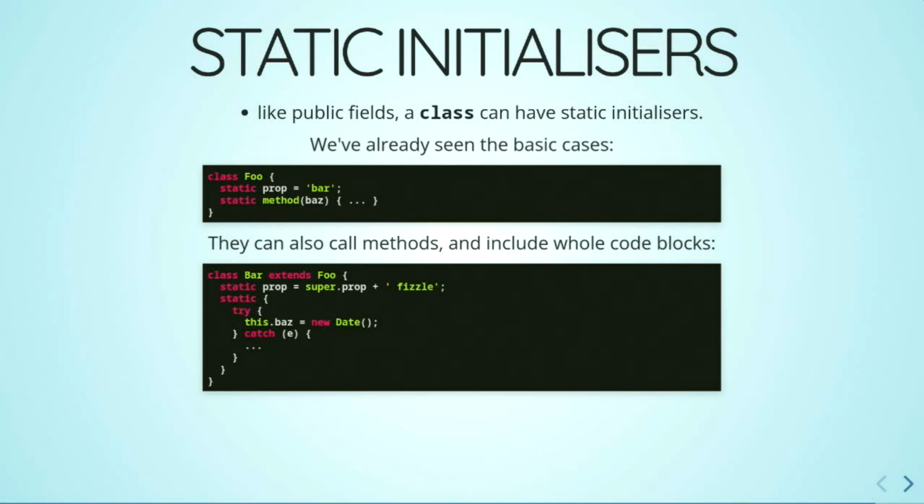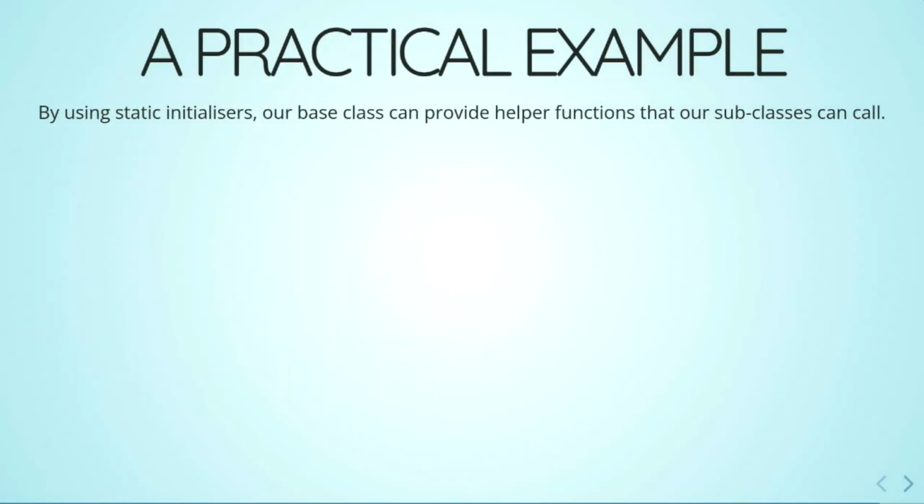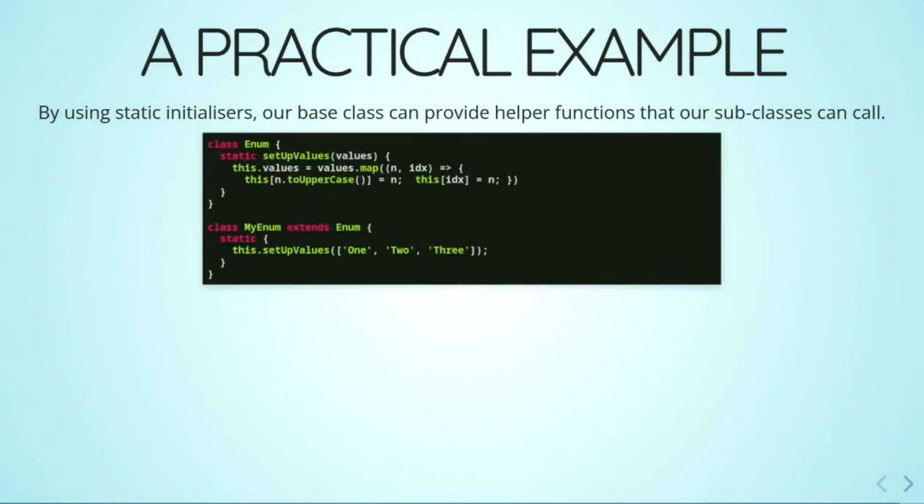I'm going to include here a nice practical example. By using the static initializers, our base class can actually provide helper functions for the other class to set up its own static methods. Here is an example of an enum class, and we say that we've got a setup values method, and then our enum class, in a static constructor block, is going to call that method with a bunch of values.